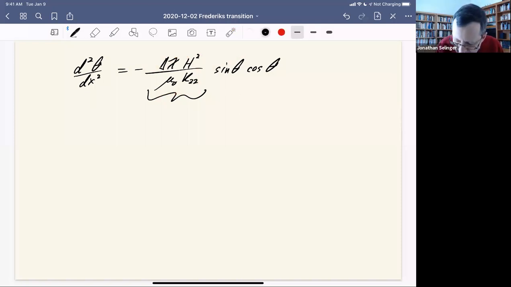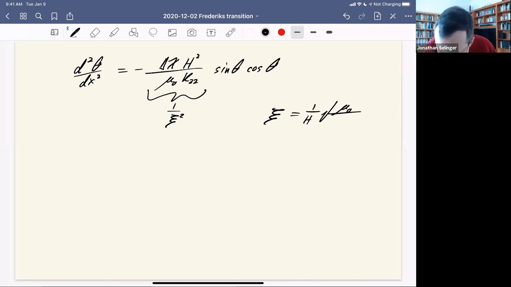So we can call this 1 over xi squared, where xi is equal to 1 over the square root of this thing. So 1 over h times the square root of mu naught k22 over delta chi.